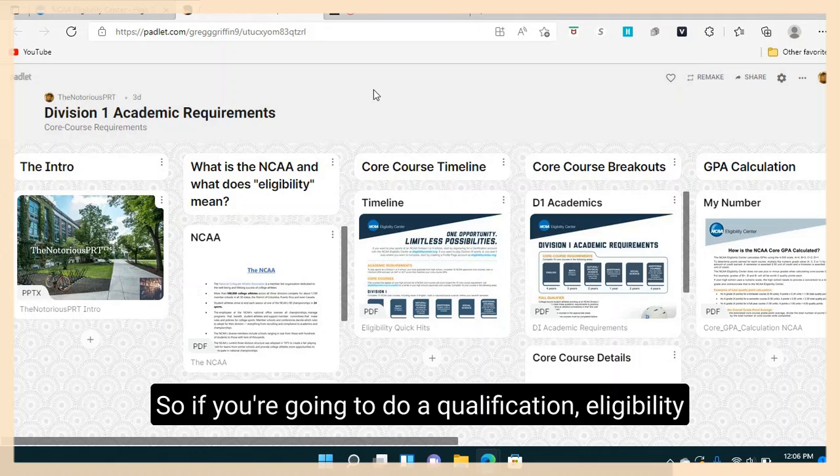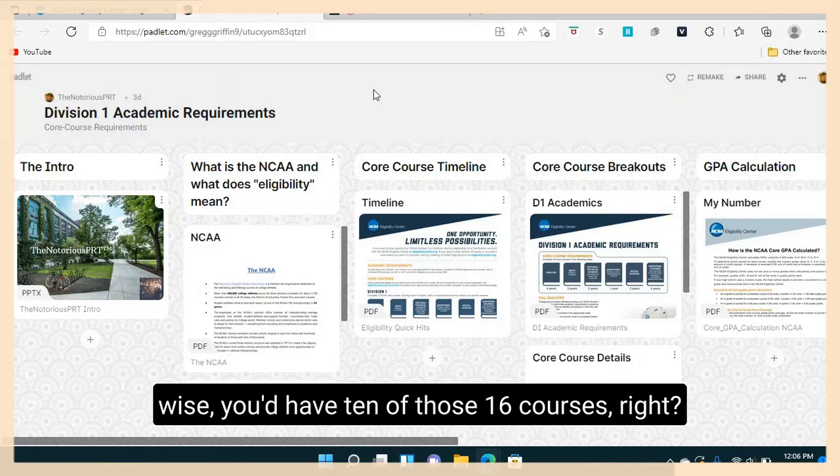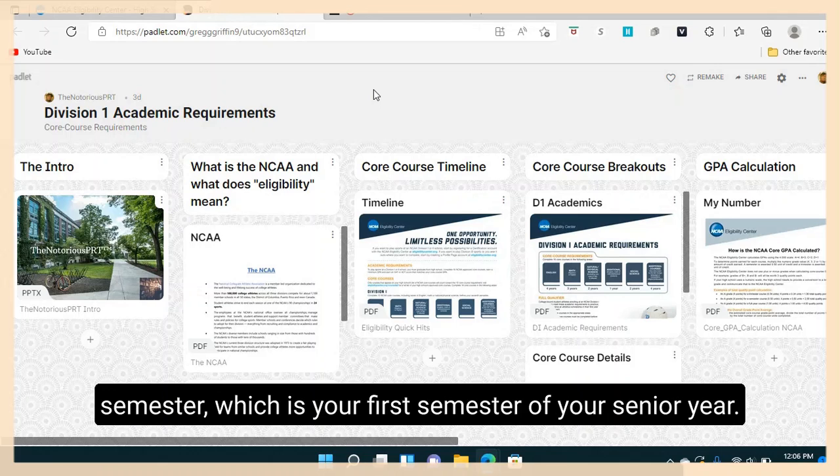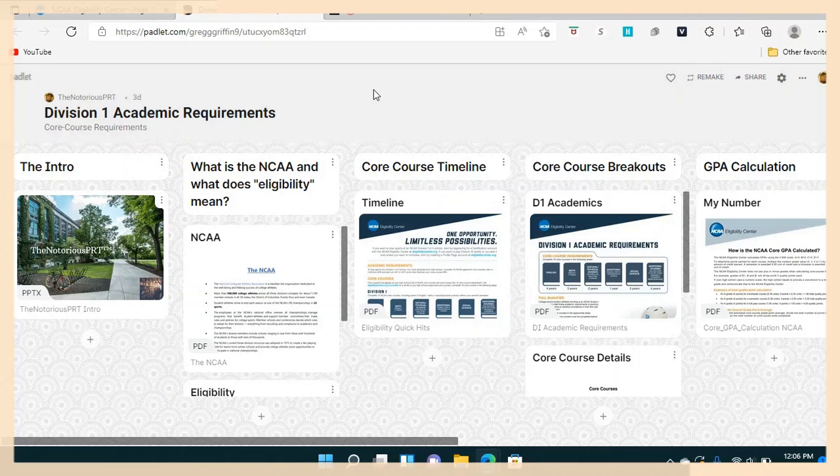So if you're going to do D1 qualification, eligibility wise, you'd have 10 of those 16 courses, right? 10 of those 16 courses before you start your seventh semester, which is your first semester of your senior year, right?